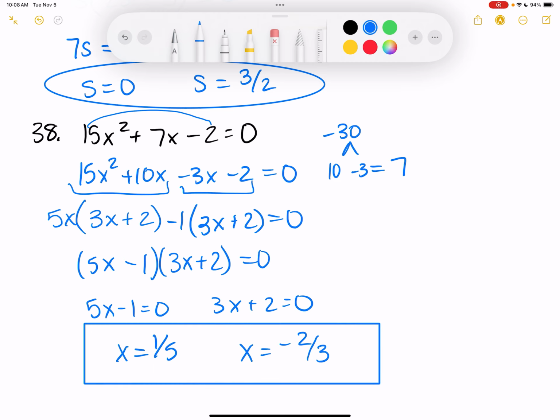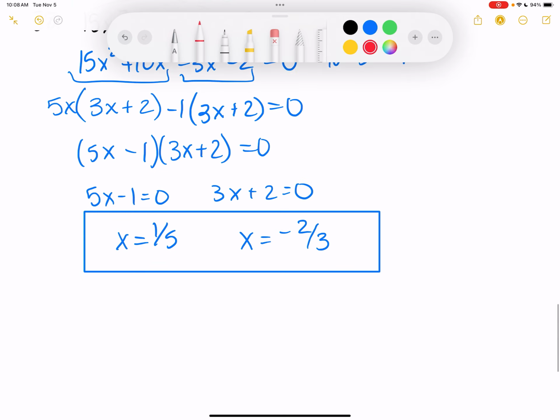All right. Any questions about any of that? No. Homework time. We should do this in our study hall. Let's start it off. Every other odd, 3 through 39.